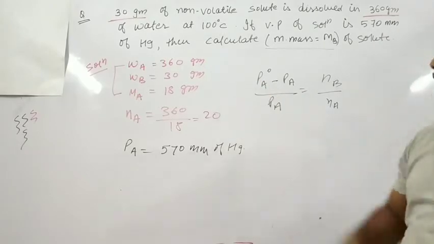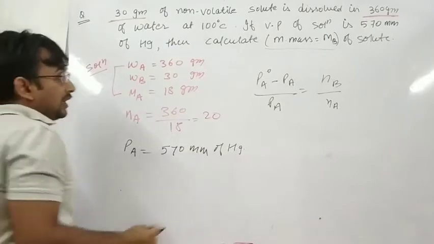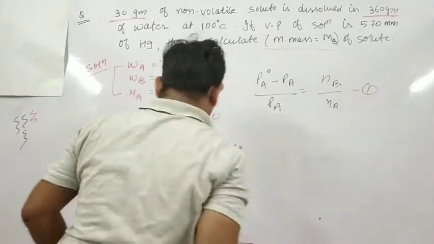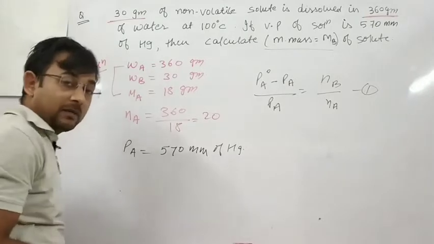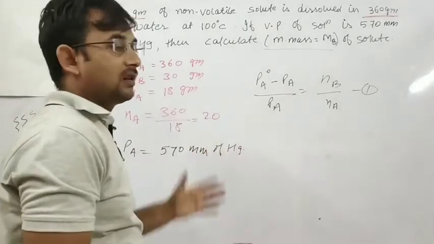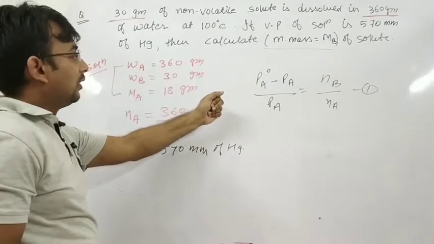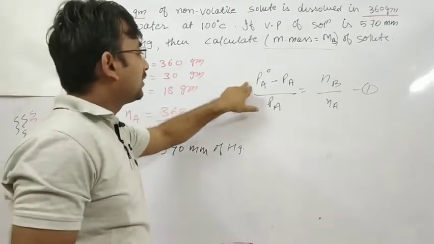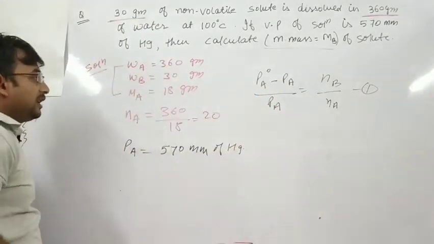That means the vapor pressure in pure form is not known to us, isn't it? If we apply this formula, many students may get confused. I remember this happened with the students appearing in that paper. All started panicking, sir, from where will we get two variables if we have only one equation? So it was quite difficult to solve.